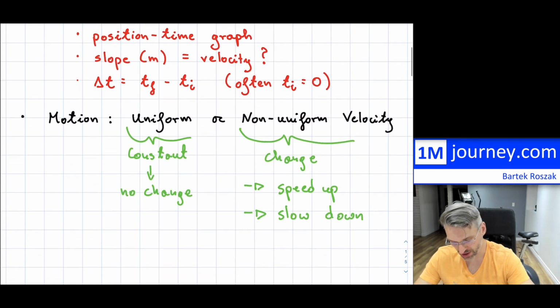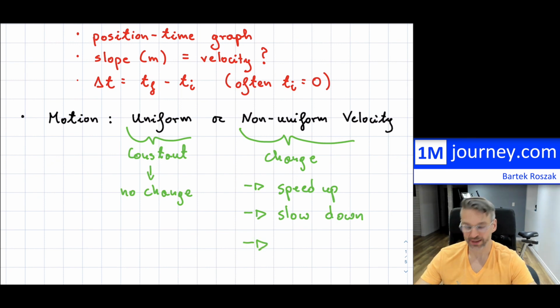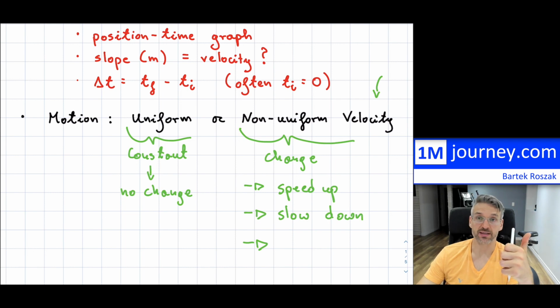Now the last one, which is interesting, you may be going at the same speed, but you are changing direction. So you might be changing your direction from east, you slowly start to move somewhere else. And that has an impact on your velocity. Because if we say your velocity is uniform, that means your speed is the same and you're also moving in a particular direction. If you change it in any way, then during that change it was actually non-uniform.